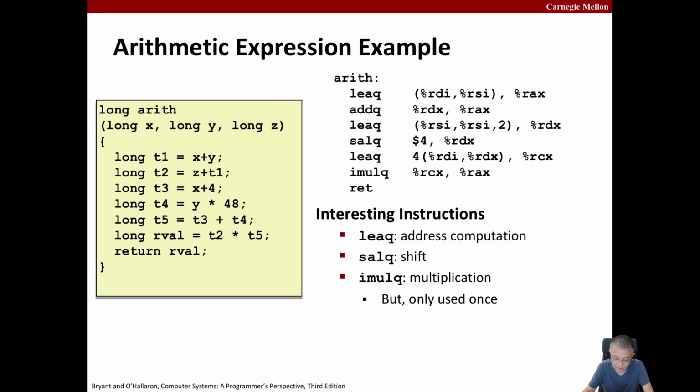So here we have some examples. Let's just look at the first several instructions. Again, when we call a function, the first parameter is in RDI, the second is in the RSI register.